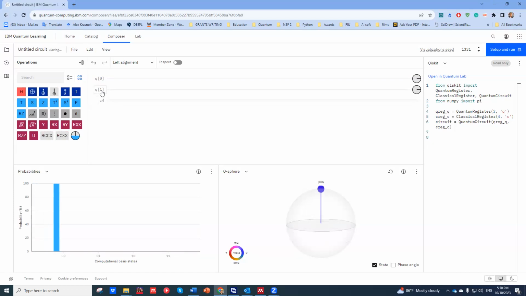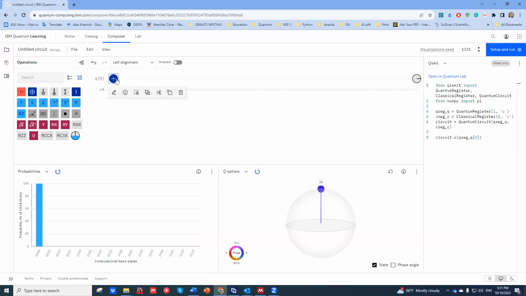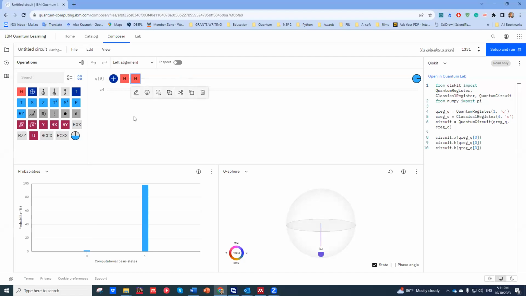And anything you do with the qubit is given by these quantum gates here. As I said, the X gate is given by this circle plus element. So you can add different gates.